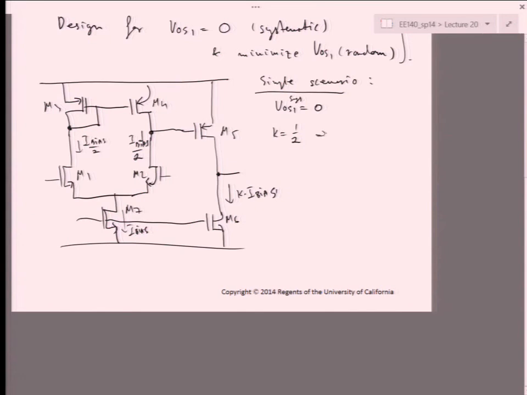Okay. So in that case, what I want to have is that W over L3 equals W over L4 equals W over L5.